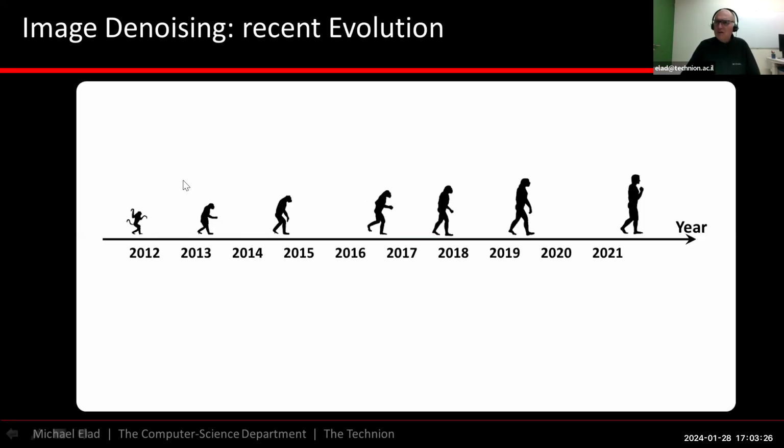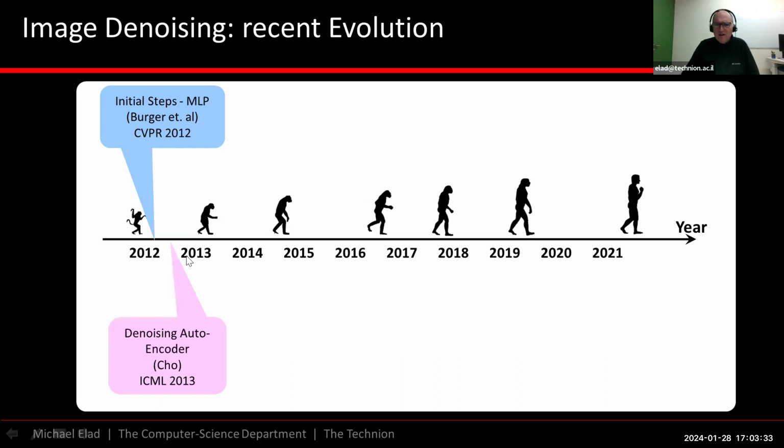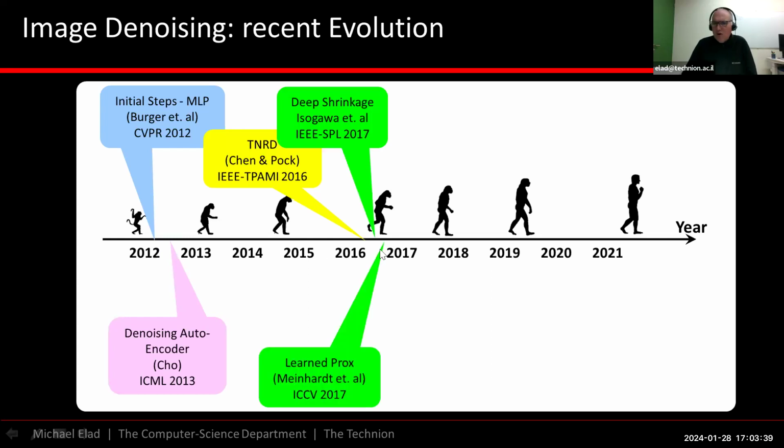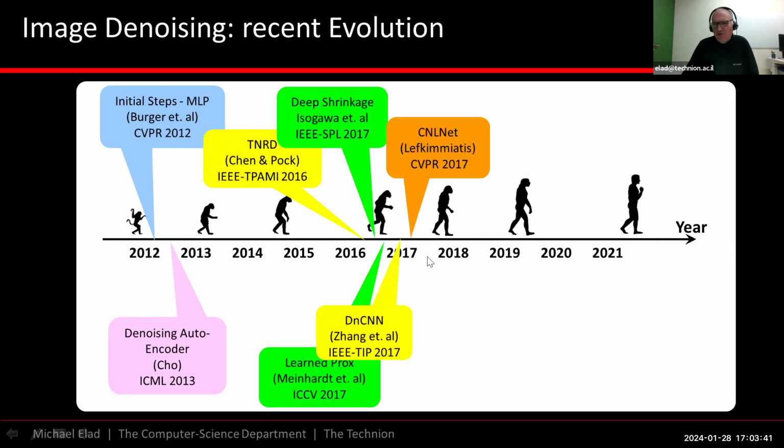And a new evolution started, a new evolution of papers. It started very hesitantly. In 2012, the first paper, and then another one, and then several years of peace and quiet, and suddenly a burst of papers. What I'm showing you is a glimpse of a few of the many thousands of papers that came.